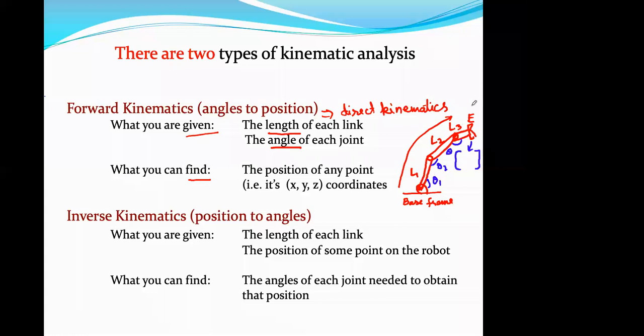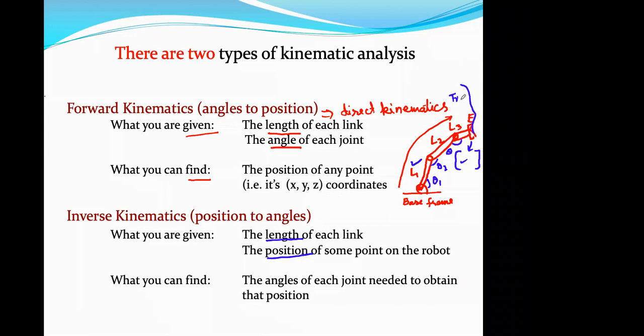There is some trajectory being given with some mathematical function. The end effector position is being given to you. So in inverse kinematics, the length of each link is given, the position of some point is given.